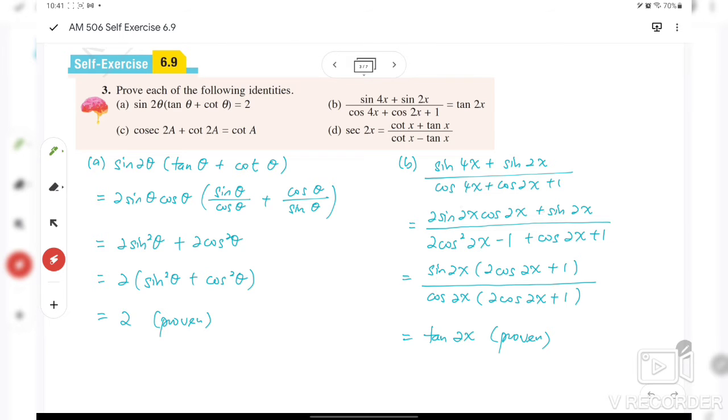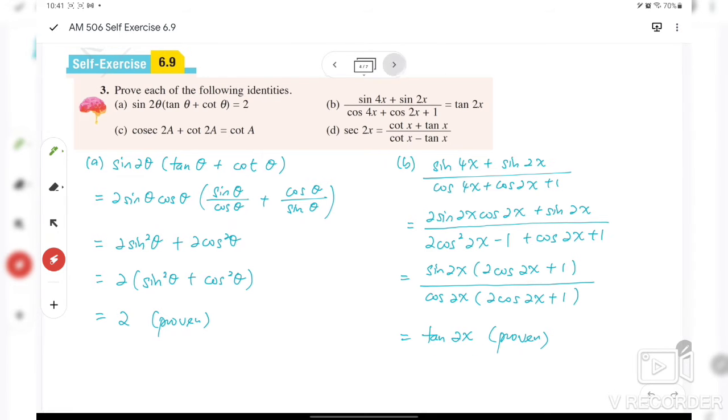From here, we can factorize out the sine 2x and cosine 2x, and we will get the common factor of 2 cos 2x plus 1 and 2 cos 2x plus 1, and we can cut it off, become sine 2x over cosine 2x, which is our tangent 2x.